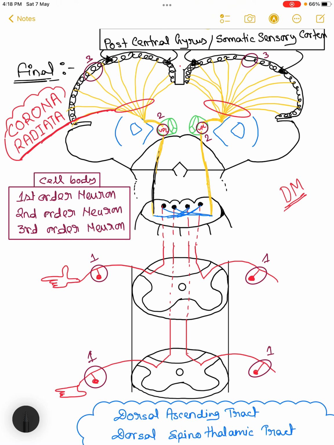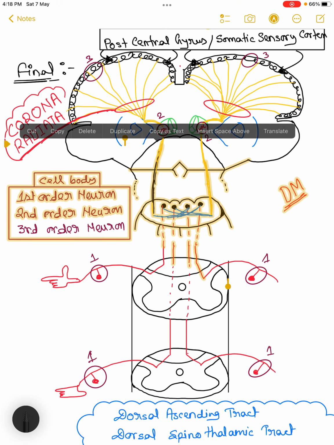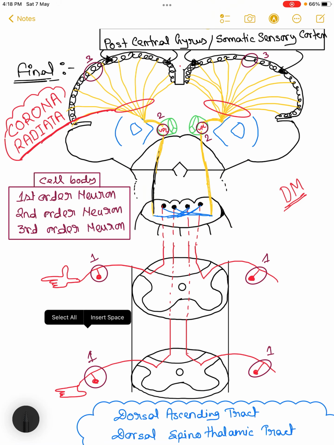Again, after their corresponding nucleus in the medulla, you will find that they generate new fibers, and these fibers will go up to where? Up to our thalamus. So this fiber is known as what? Second order neuron. Now you are getting it? I hope so. Now in the thalamus, we know that here is the VPL, the ventroposterolateral nucleus.